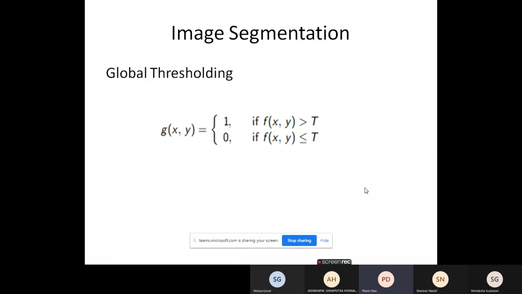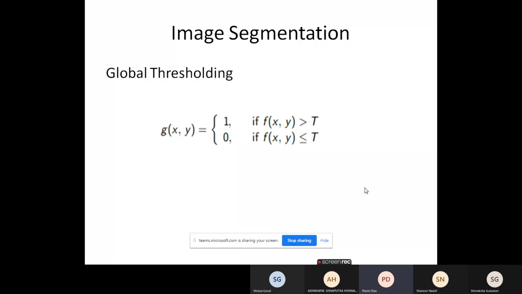Now we are trying to understand the basics of intensity thresholding. Here I discussed two terminologies: one is called object point, and the second is background point. I hope you remember that. Any point x comma y, which we normally refer to as coordinate values in an image, if f of x comma y is greater than the threshold value, we call that point an object point.